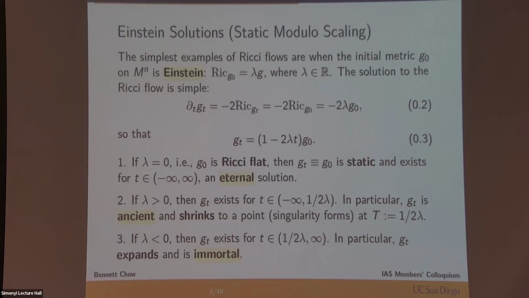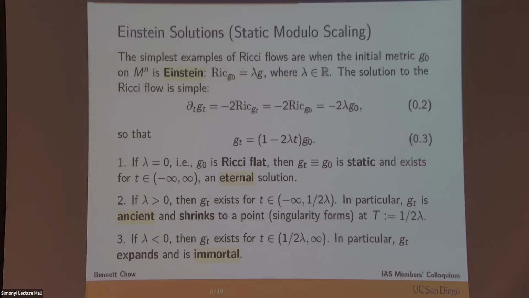When lambda is positive, we have positive scalar curvature. And in this case, the Ricci flow will not change its shape and will simply shrink it down to a point, if you start with a compact Einstein manifold with positive scalar curvature.